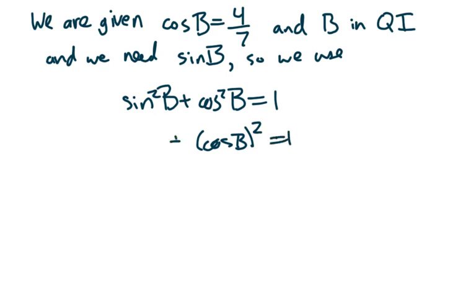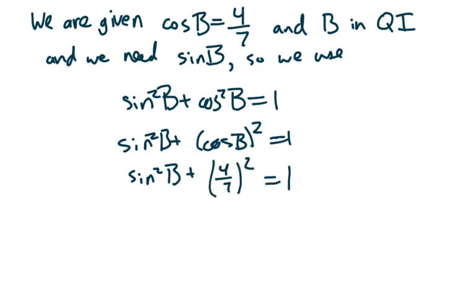You don't have to do that step, but it makes it easier for some people when they're plugging in a value for cosine B. If I'm going to square cosine B, I want it to look like I'm going to square 4/7. So sine squared B plus 4/7 squared. Notice that cosine B, that whole expression, is equal to 4/7.